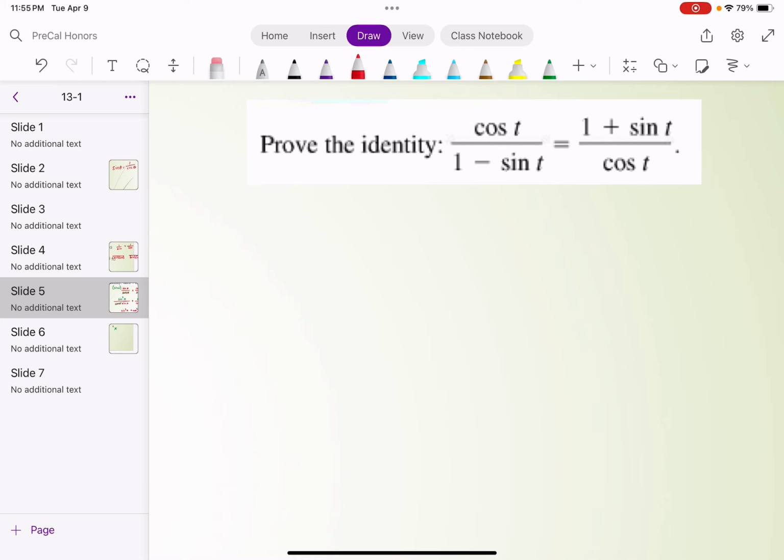So, with this problem, the first step is to realize that we're going to be working with a difference of squares. Now, when this happens inside of a denominator, we use what is called the conjugate, and you are going to multiply both the denominator and the numerator by the exact same term, but with a different sign.